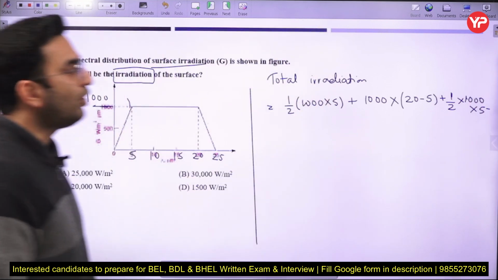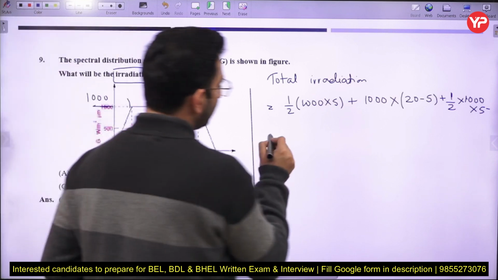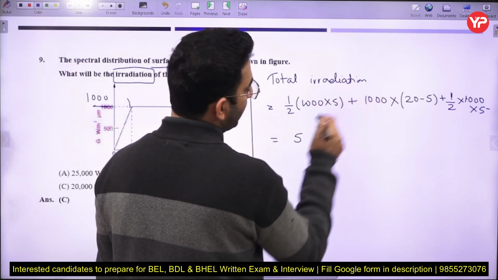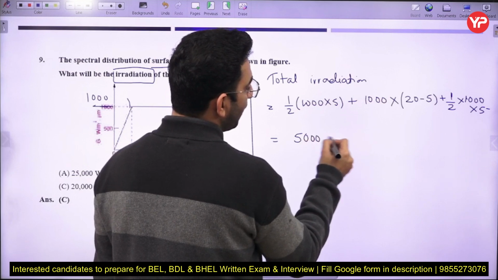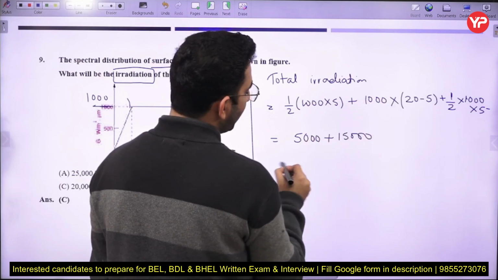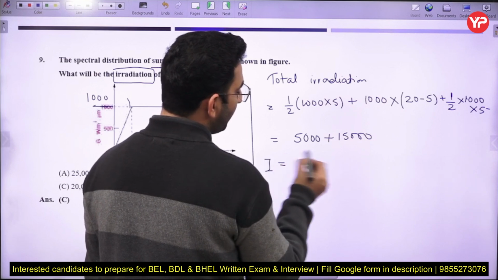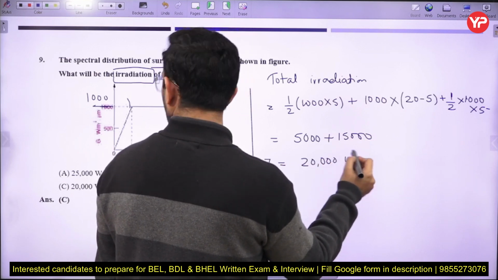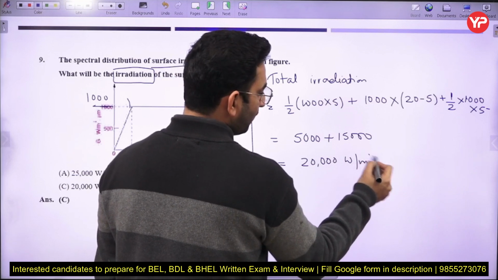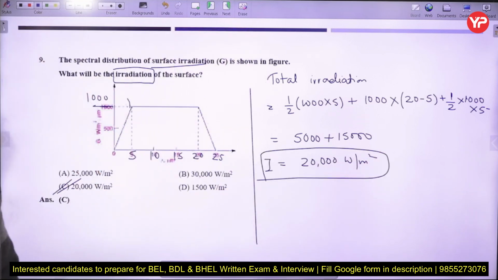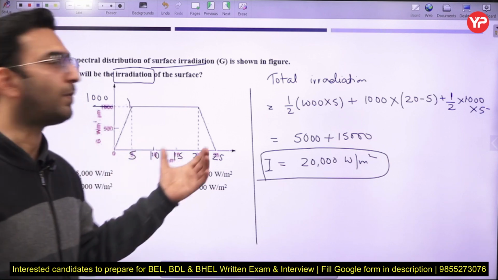Okay, so if you solve the entire expression, you will find your answer: 2500 plus 2500, that is 5000, plus the middle one will be 15,000. So we can say the irradiation is coming out to be around 20,000 watt per meter square. Okay, so here the option number C is going to be the correct answer. Okay, so that is a very simple part.